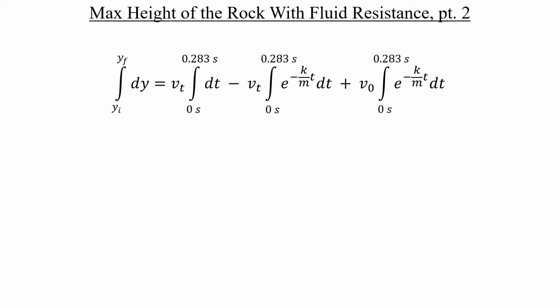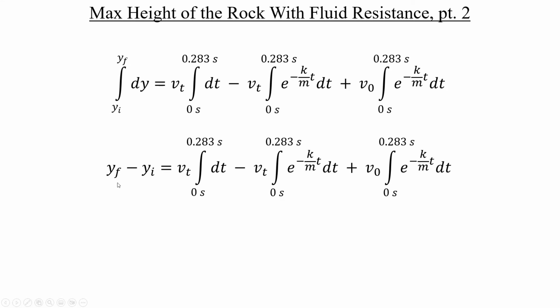Like before, the left-hand side is easiest to do here, so let's conquer that part first. We're still integrating 1, and our integration variable is y. So if you integrate dy, you get y, and you evaluate at those endpoints, we're going to end up with y final minus y initial.